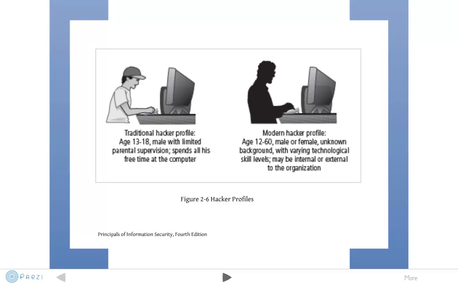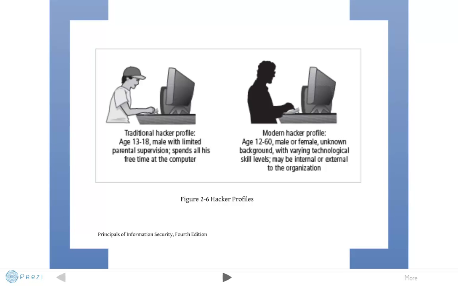All right, and here is a really rather important distinction where we have a traditional hacker, rather young, basically someone who is using a computer and notices how easy it is to do certain things. And then we have a modern hacker with a profile, basically you can say unknown, right?